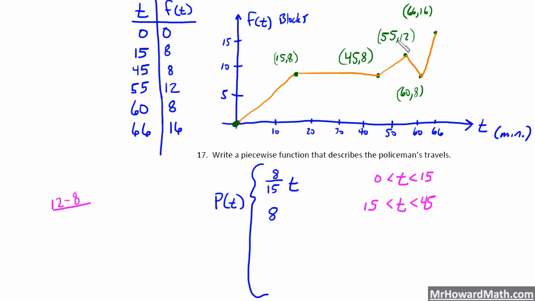So 12 minus 8 over 55 minus 45. Okay, so that is 4 over 10, which reduces to 2/5. Okay, so 2/5 t will work. And then we just need to identify the y-intercept, which is going to be the hardest part.